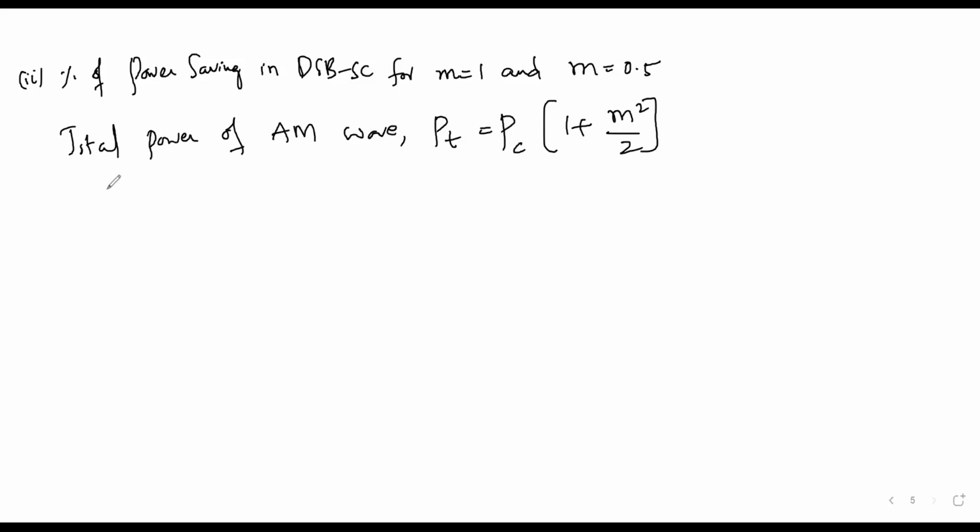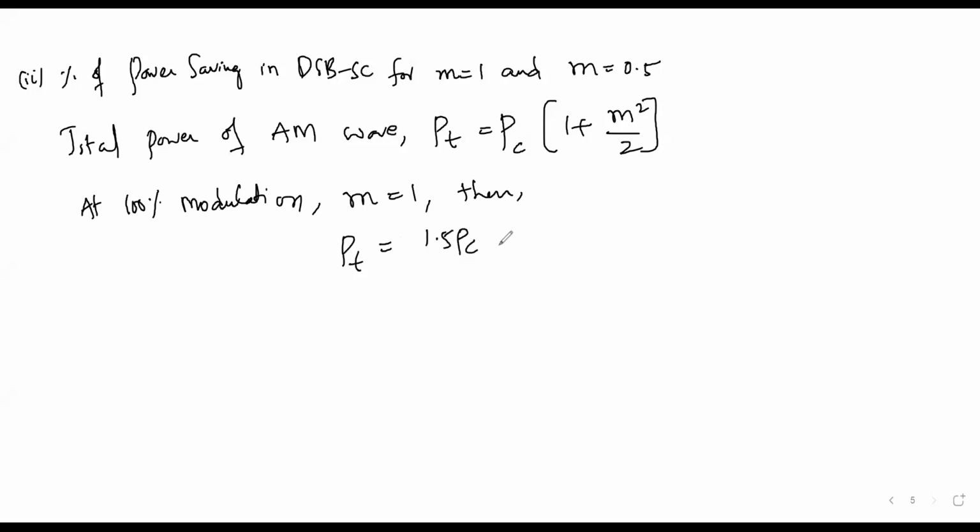And we have seen that at 100% modulation, the value for M is equal to 1. Then the total power will become 1.5 PC. Right? 1 plus 1 by 2.